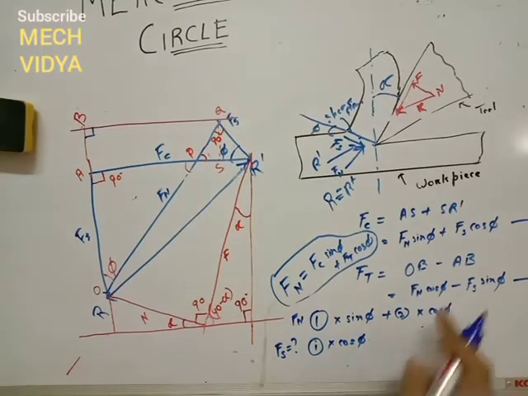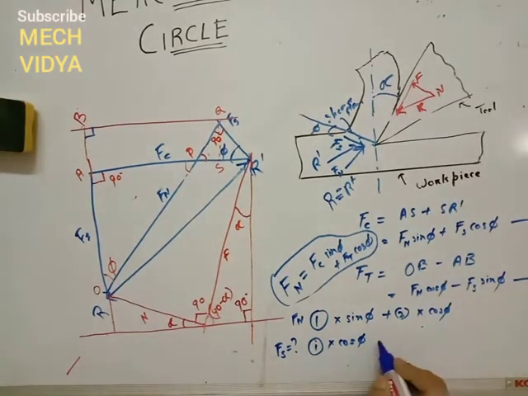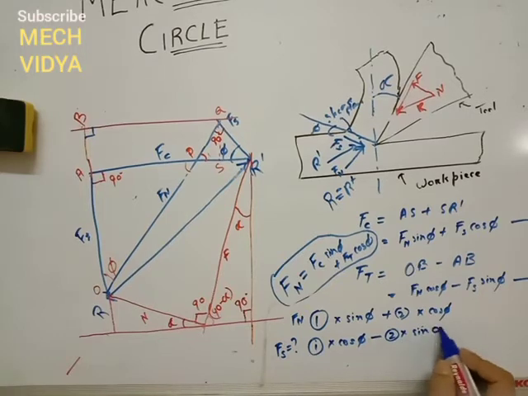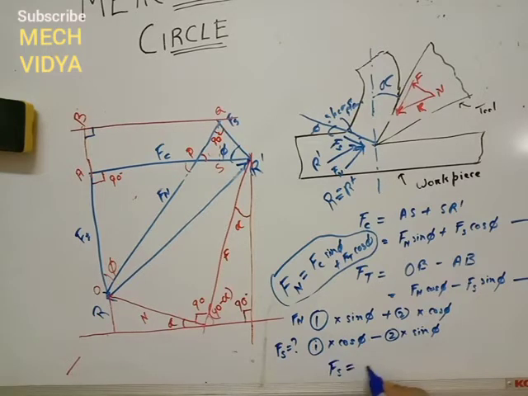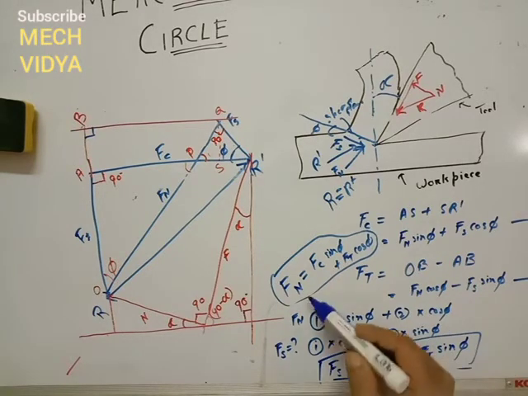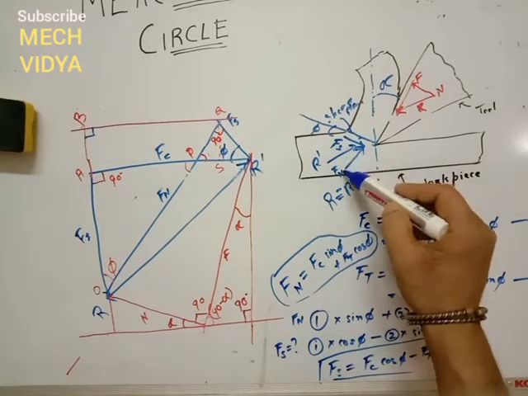Then if we subtract the second equation into sine phi, we can easily derive the equation of Fs. You can derive and check it. Fs will come out as Fc cos phi minus Ft sine phi. So these are the two relations of Fn and Fs.